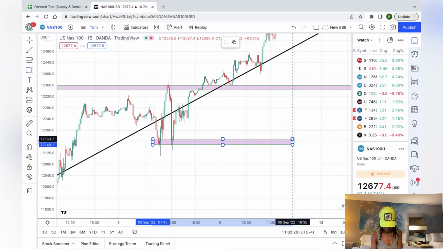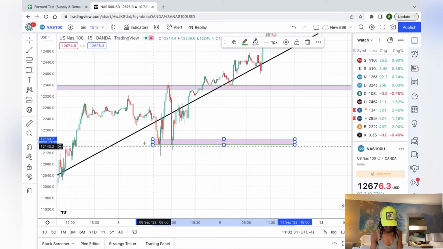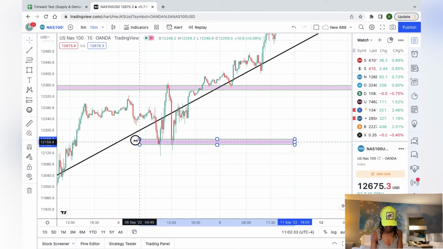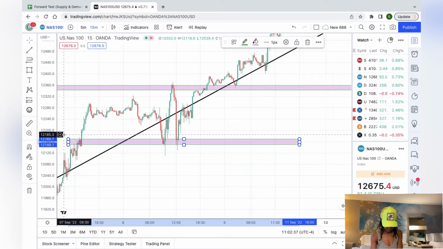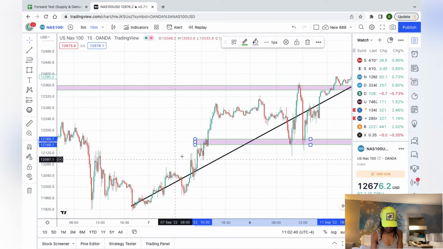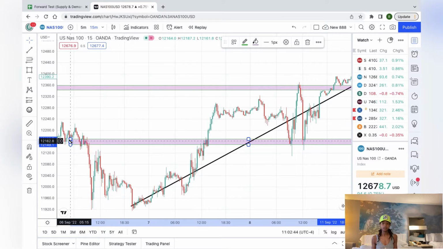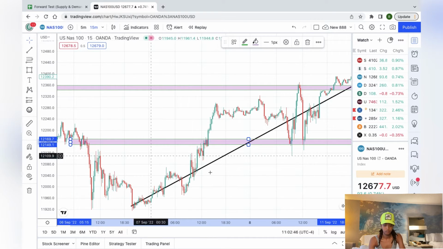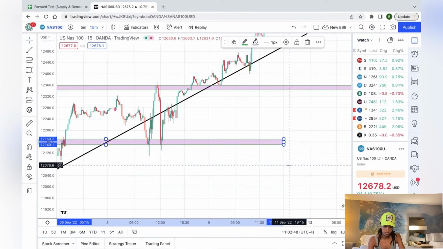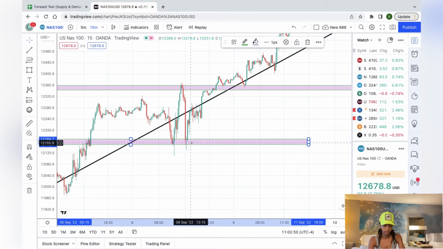Resistance is the top. Support is the bottom. So now let's pull it over, see where we get touches. We got one right there, 2, 3, multiple touches. So these are good zones that we just drew up right here. We got our zones, we got our trend line.